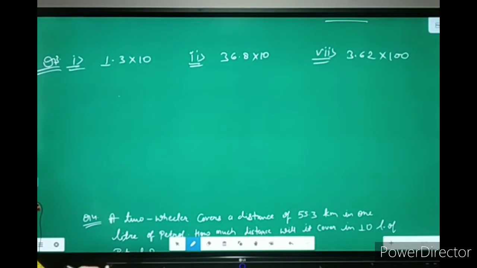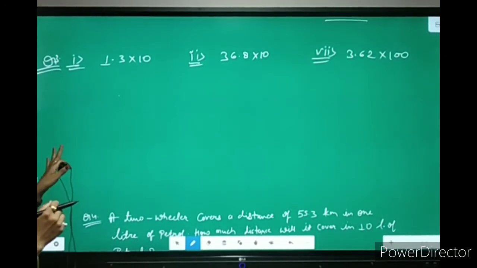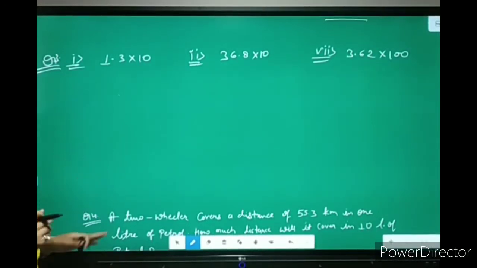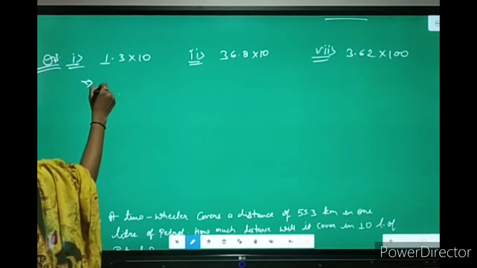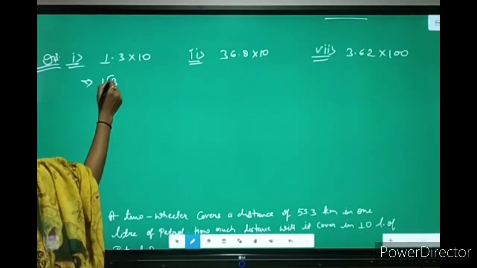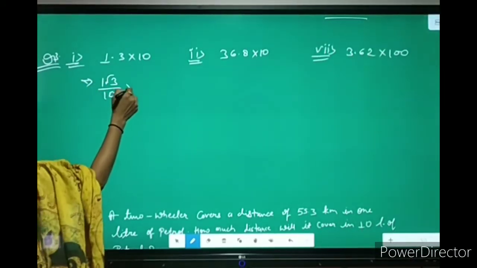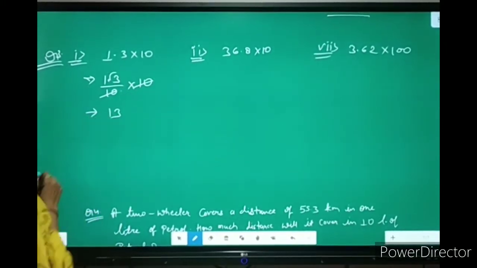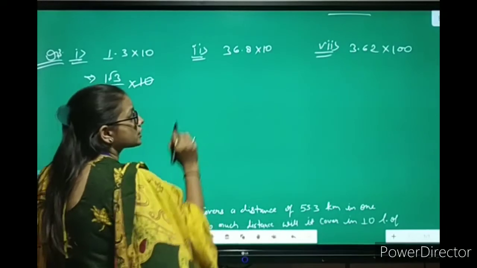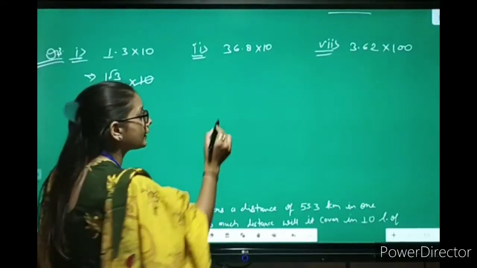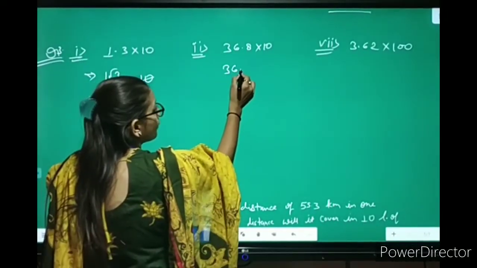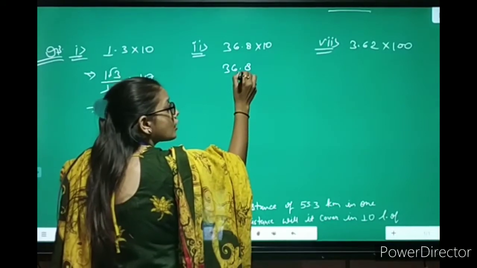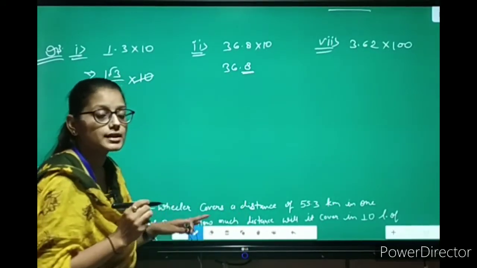Question number 3 is find the 1.3 multiply by 10. We can write 1.3, remove the point, upon 10 multiply by 10. Answer is 13. Next question is 36.8 multiply by 10. In 36.8 there is one digit right of the decimal point.